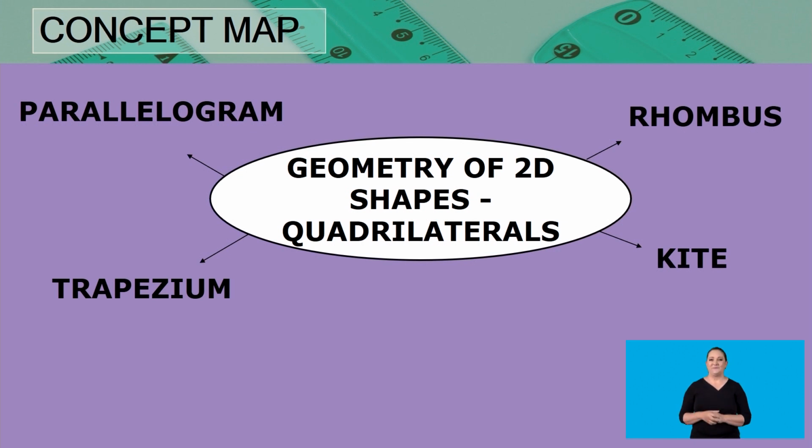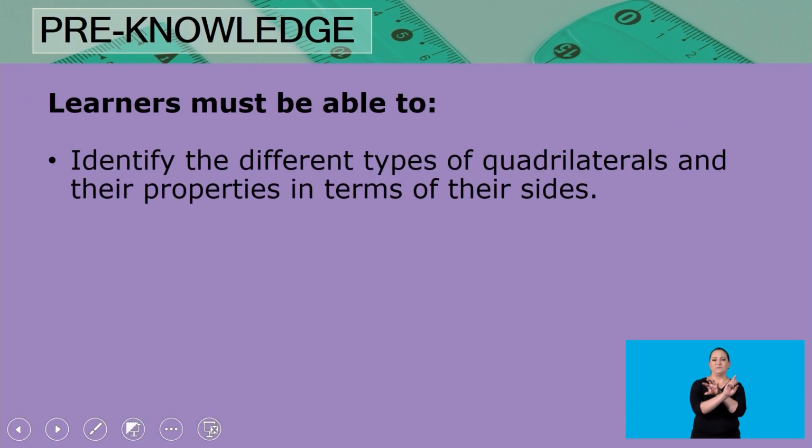We are going to look at the parallelogram, the rhombus, the kite, and the trapezium. You must be able to identify the different types of quadrilaterals and their properties in terms of their sides. Let's see if we can identify those quadrilaterals.